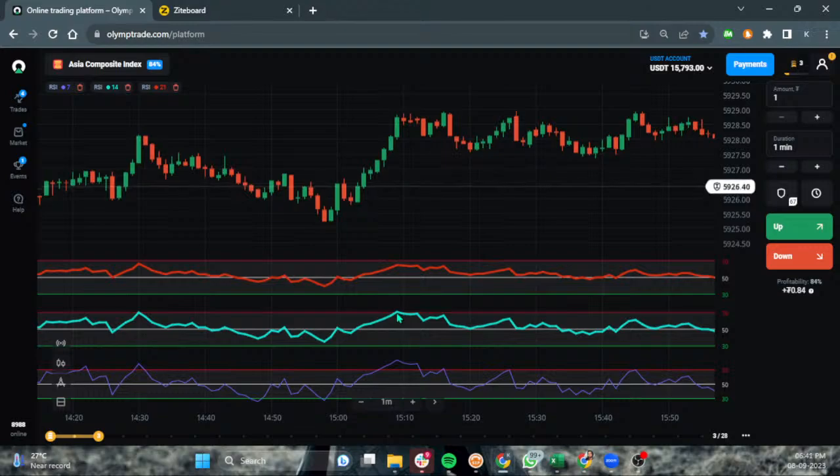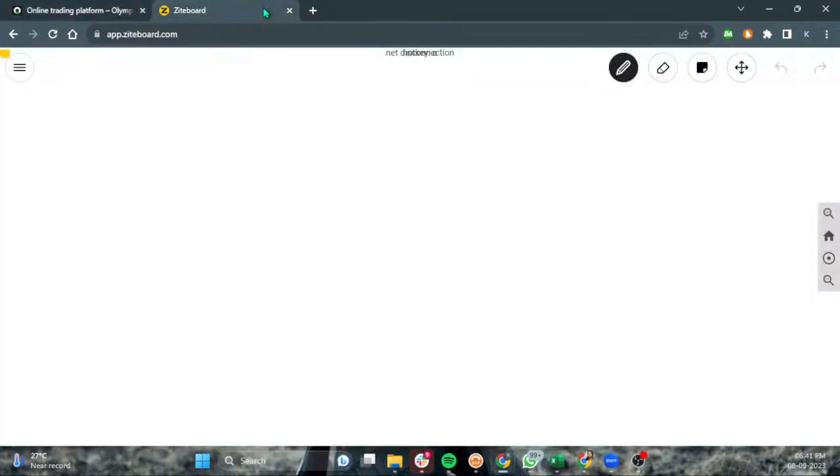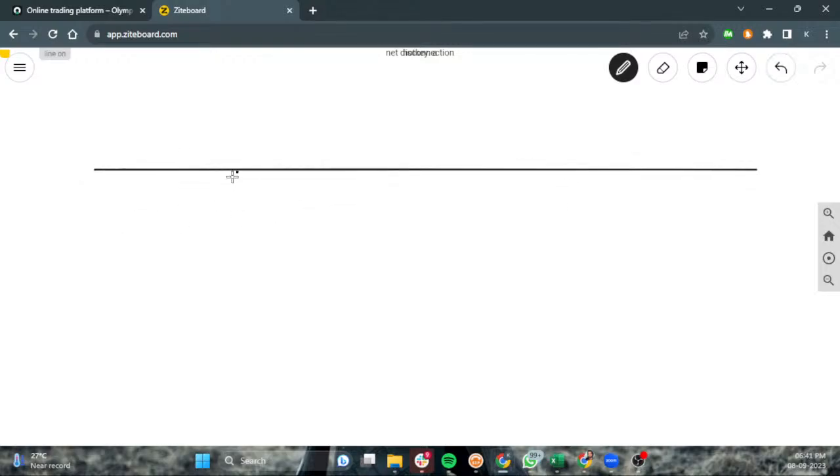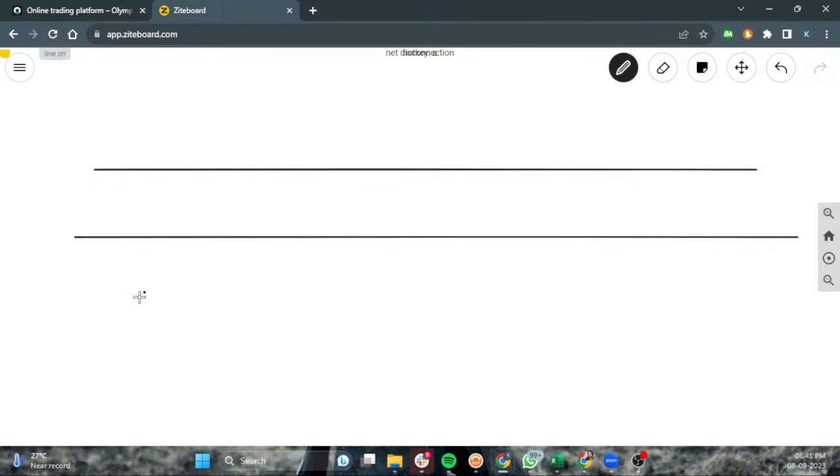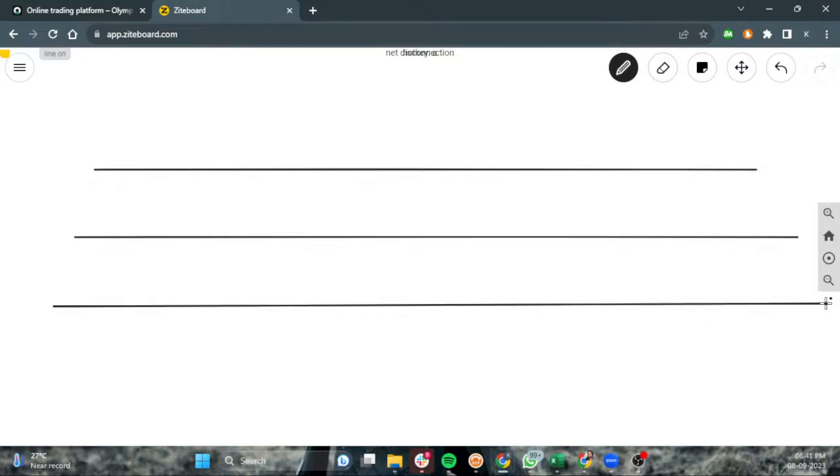I'm going to explain to you the very fundamental basics of how the triple rebound actually works. Okay. Let's presume this to be RSI 7 and this to be RSI 14 and this to be RSI 21. Okay.